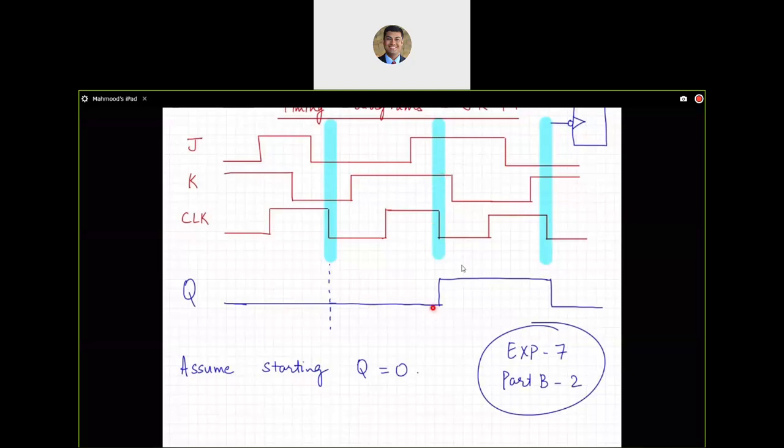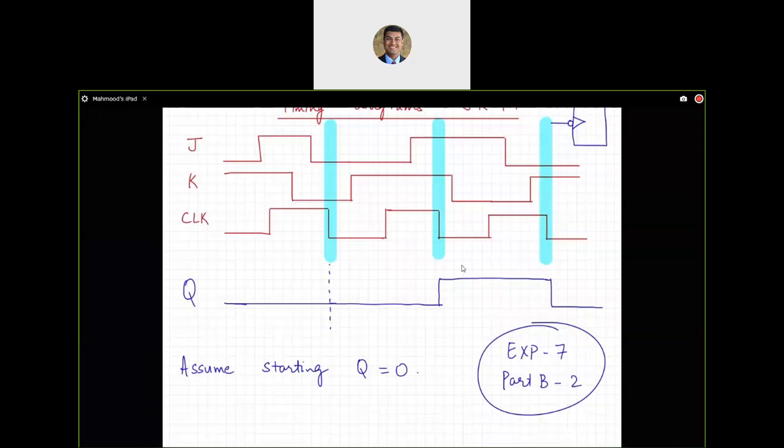So Q is going to toggle from 0 to 1 soon after that negative edge of the clock. And then the last negative edge in this timing diagram is shown over there, far right. J is 0 and K is 1, which means we are in the reset state or the kill state. So Q goes down to 0, or resets to 0.